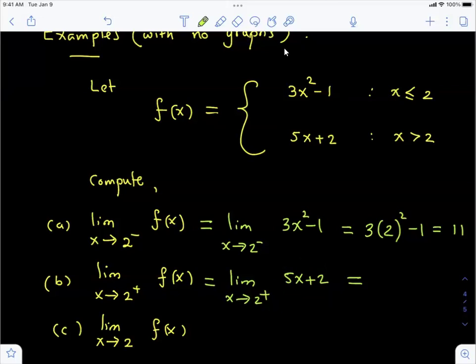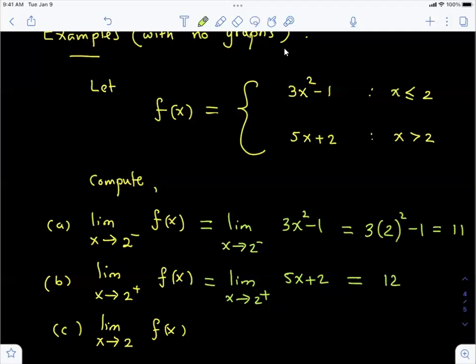We know exactly a straight line. The graph of a straight line is not broken at all. It's continuous. So what we're going to do is to just plug in the value right away to get the response. So the limit is going to be just plug in 2 right there. And then you're going to get 5 times 2 plus 2. So it's going to be 10 plus 2, it's going to be 12.